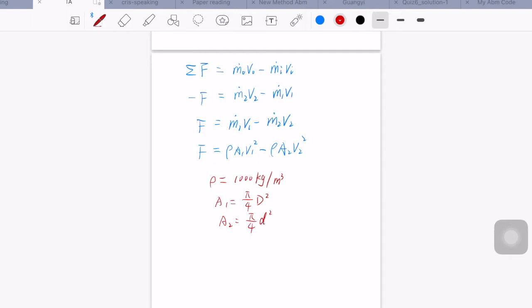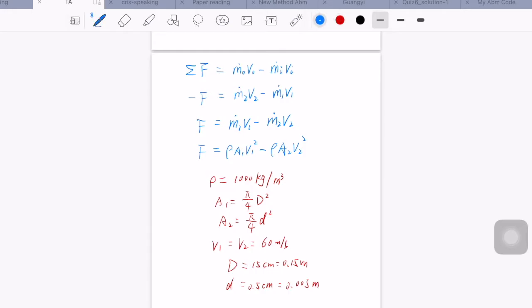And from this problem, we know that V1 equals V2 equals 16 meters per second, and D equals 15 centimeters, equal to 0.15 meters, and small d equals 0.5 centimeter equals 0.005 meters.